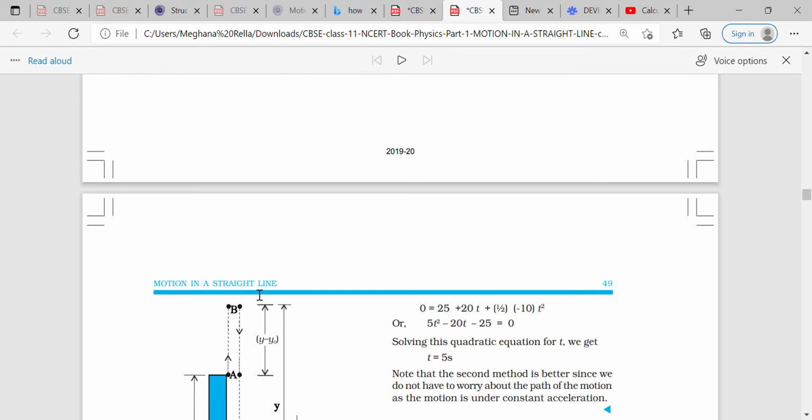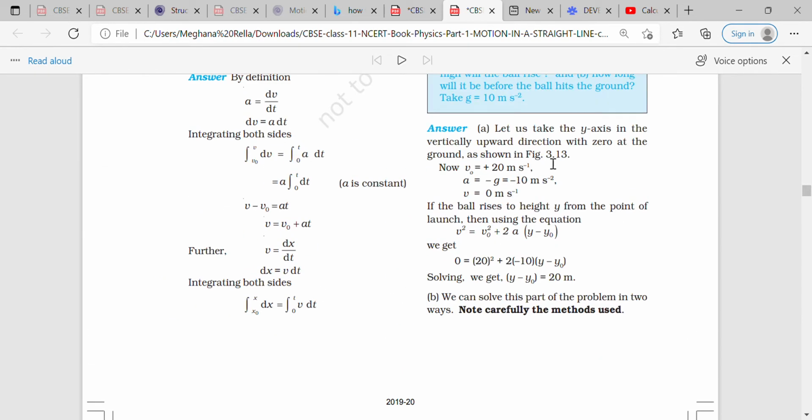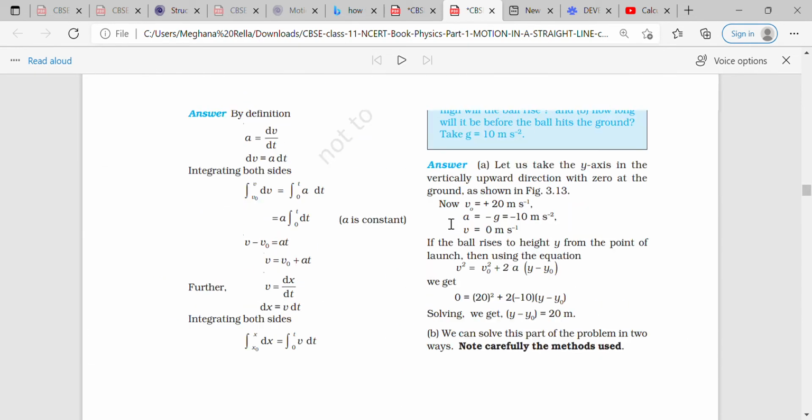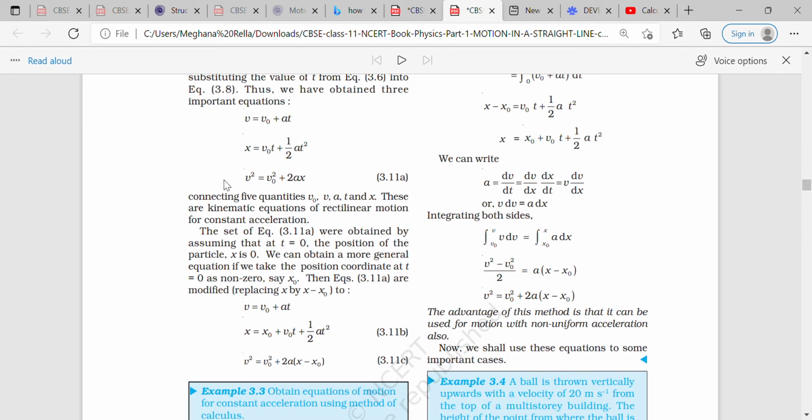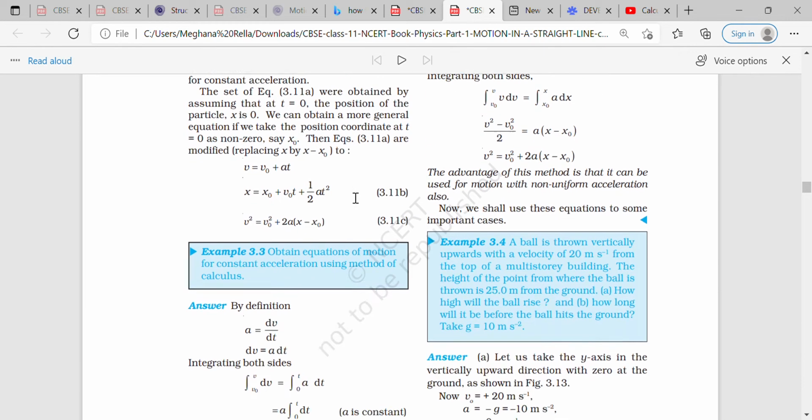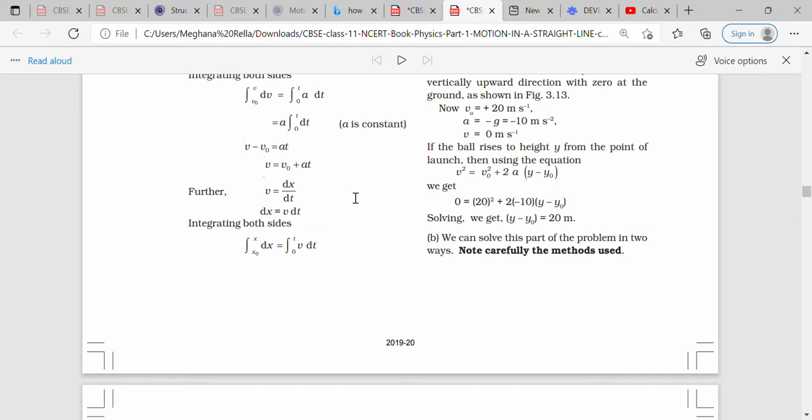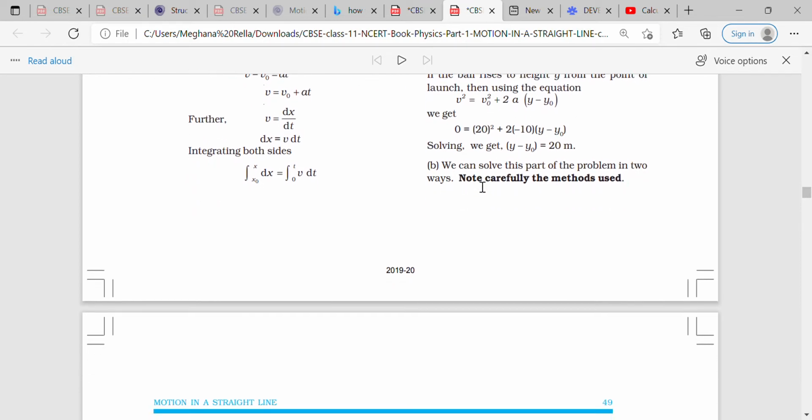But then still it is experiencing acceleration downwards. So this is the acceleration, and here we don't have to know the time, so this is easy, right? This is easier with this equation, so we substitute in that equation and find the answer of a, which is 20 meter per second.